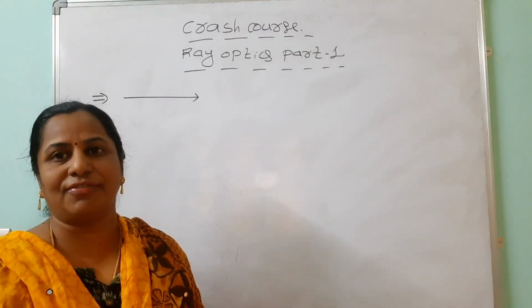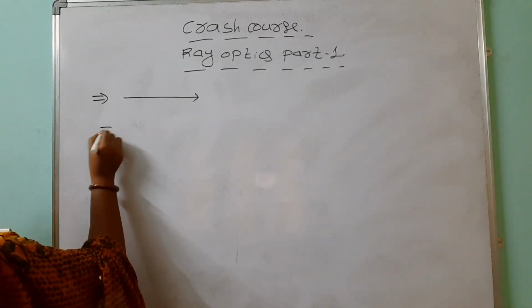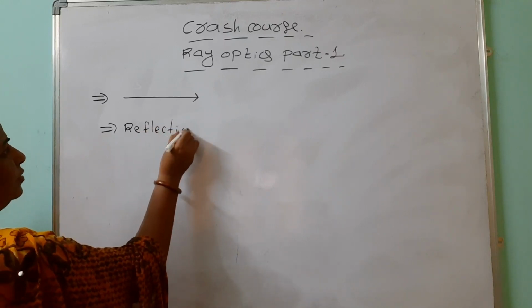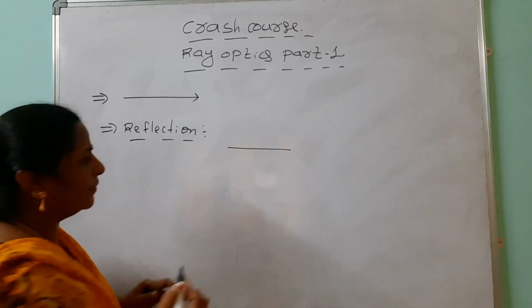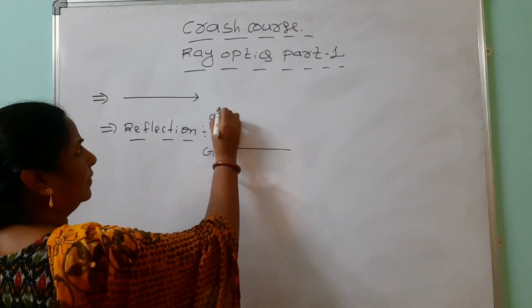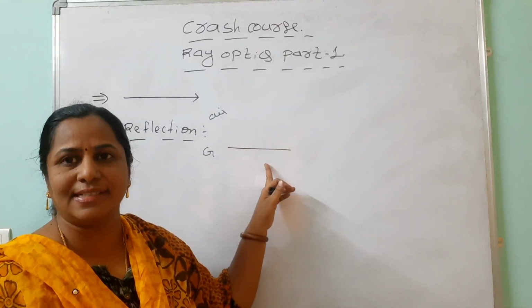Our first property of light is reflection. What is reflection? When light falls on the surface of two media, like we are taking glass and air here. Air is the rarer medium, with less density, and this is the denser medium.